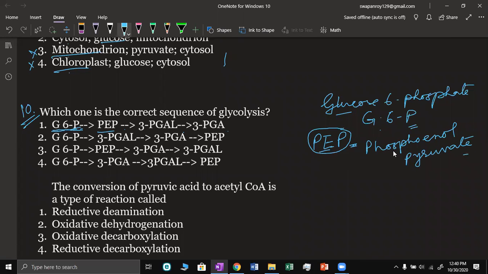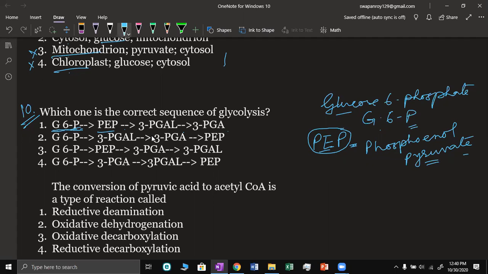This is the last but one intermediate of glycolysis. Phosphoenol pyruvate then changes into pyruvic acid.